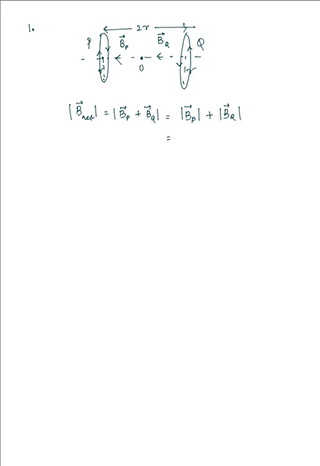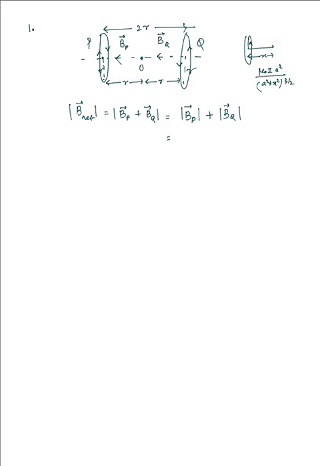Well, if you see that the point O is at the midpoint, so you have the distances to be the same, and the general expression for the magnetic field along the axis of the coil at a distance x with a radius a, as we know it, is mu naught times I a squared over a squared plus x squared to the power 3 over 2.